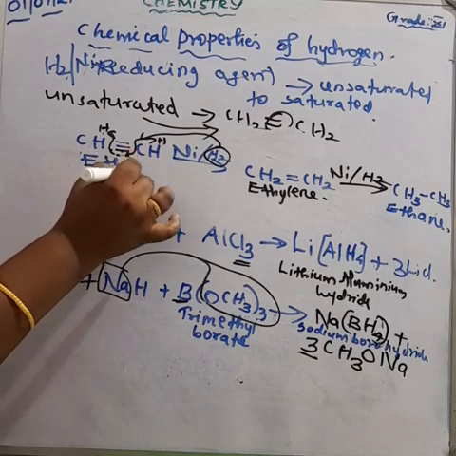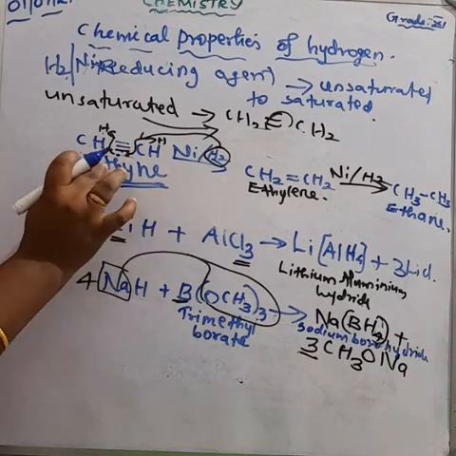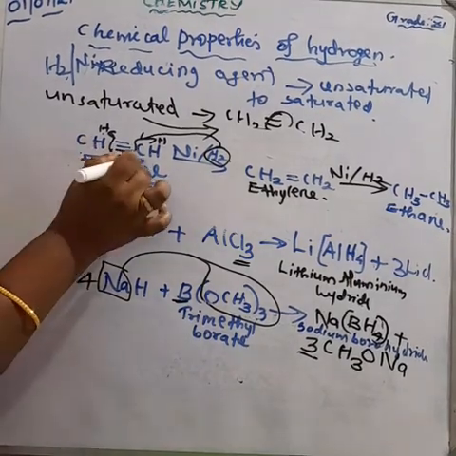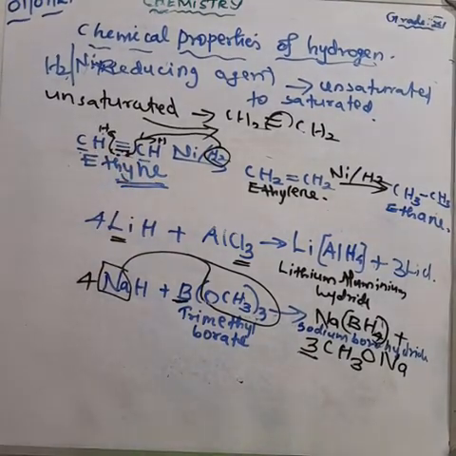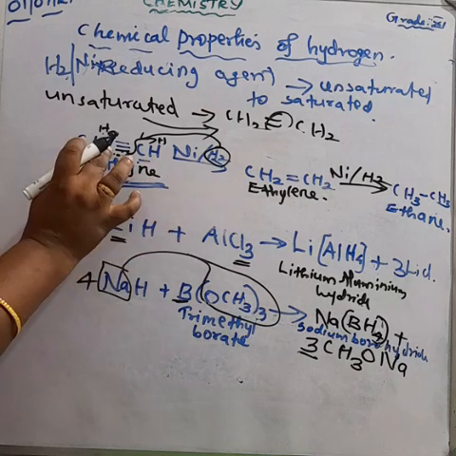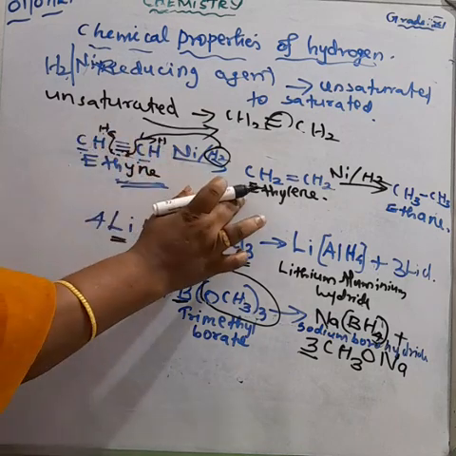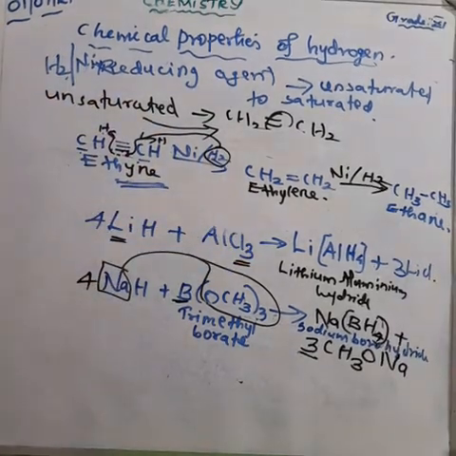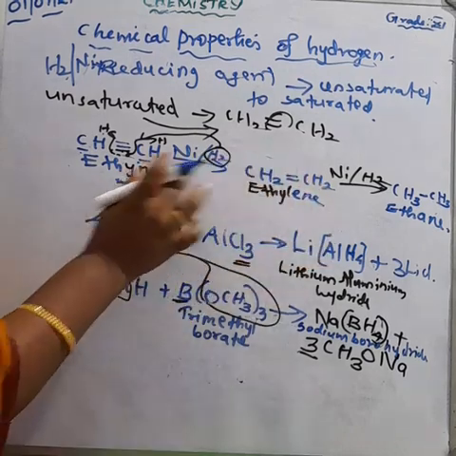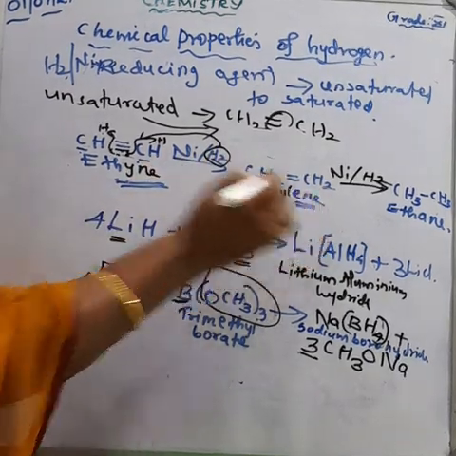When a triple bond is present, the name ends with yne. Two carbon atoms means eth-. So here a triple bond is present, so we call it ethyne, and when it is reduced with hydrogen it forms ethylene. When a double bond is present in a compound, the name ends with ene.